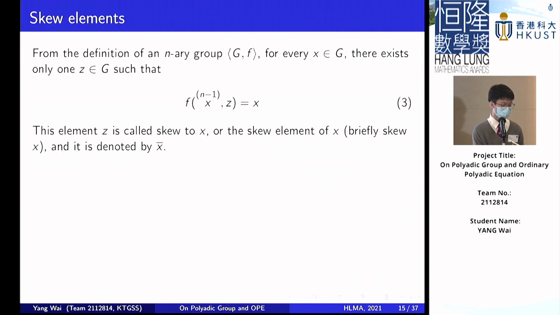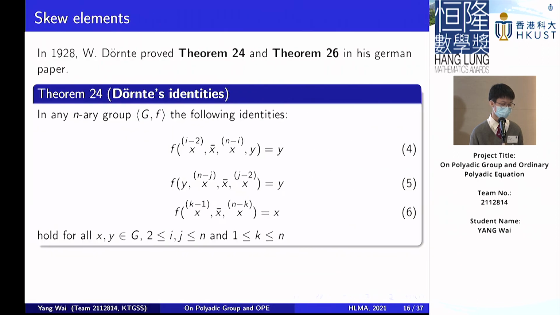And then we go to the skew element, which means that for the following equations, there exists a unique solution set in G such that the following equation is satisfied. We call this element the skew element of x, or skew x, and we denote it by x bar.